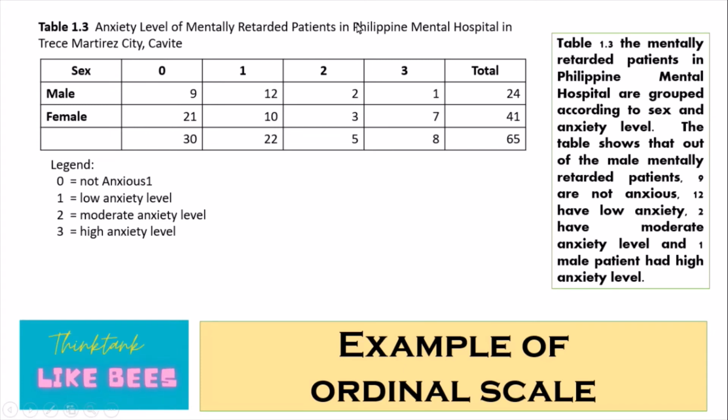Under Table 1-3, the mentally retarded patients in Philippine Mental Hospital are grouped according to sex and anxiety level. The table shows that out of the male mentally retarded patients, 9 are not anxious, 12 have low anxiety level, 2 have moderate anxiety level, and 3 had high anxiety level, and so on and so forth.